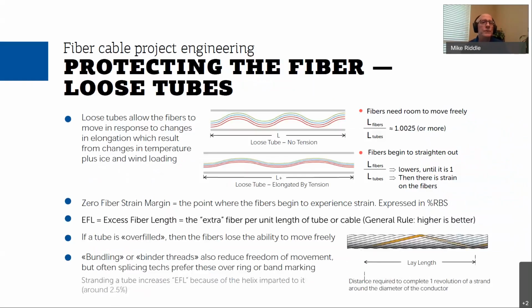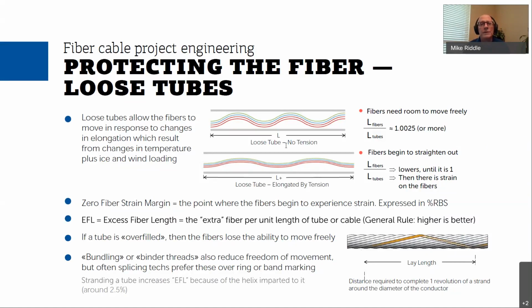Moving on to loose tubes. Today, aerial cables such as OPGW and ADSS are overwhelmingly loose tube designs. The loose tube design concept works by having the fibers laid in the tubes in a sinusoidal shape, as you see in this illustration here.